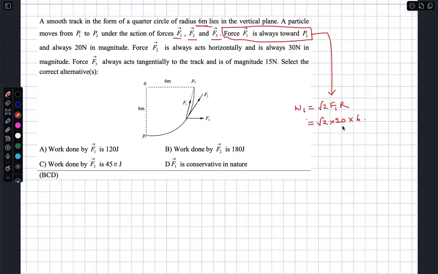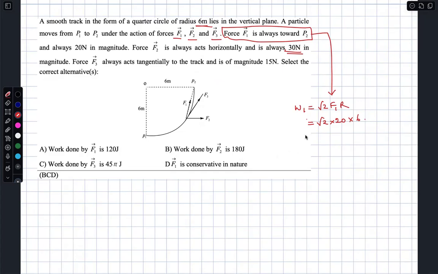F2 is always acting horizontally and is always 30 newtons. And F3 always acts tangentially to the track, 15 newtons.